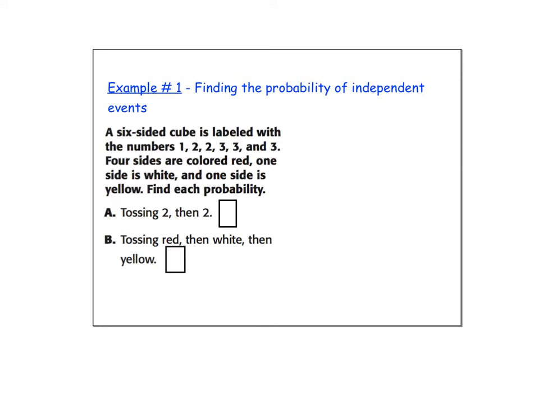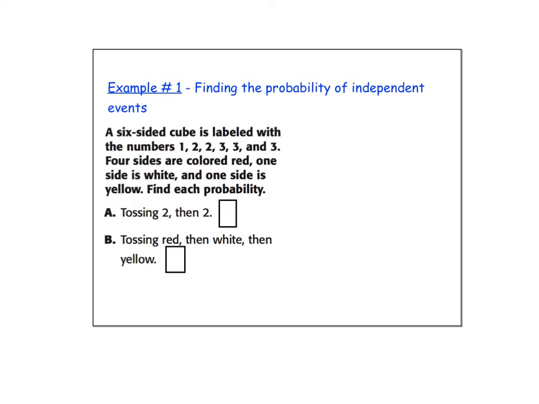Find each probability. Well, the first one, it says, what's the probability of tossing a 2 and then tossing another 2? Now, these events are independent because the first roll that you make has nothing to do with the second roll that you make.